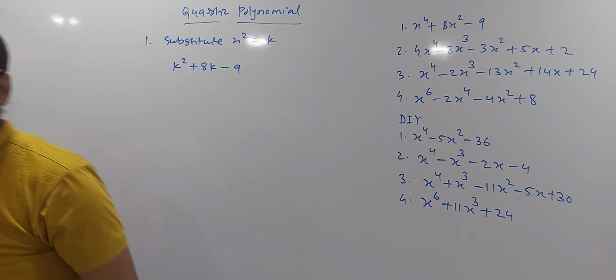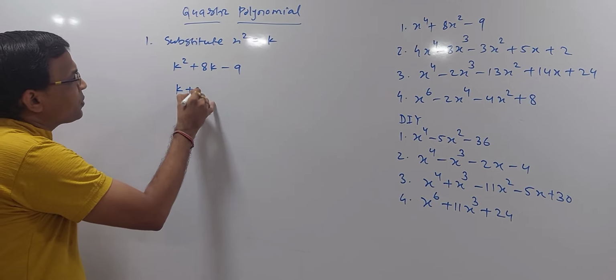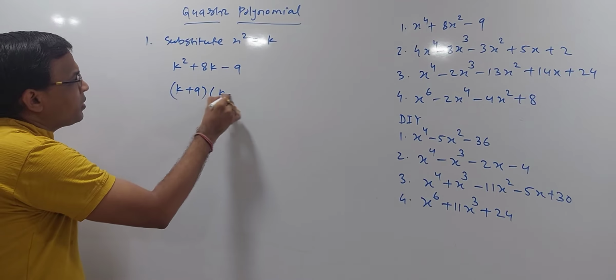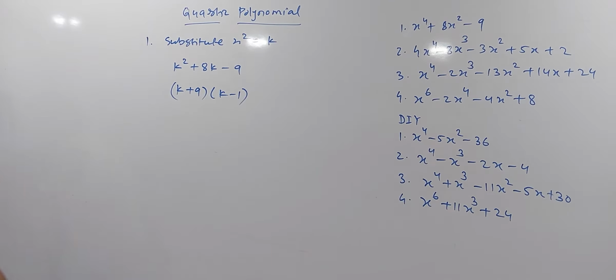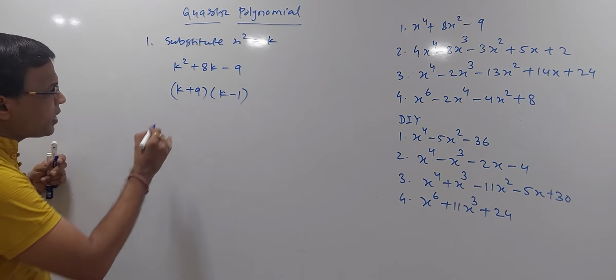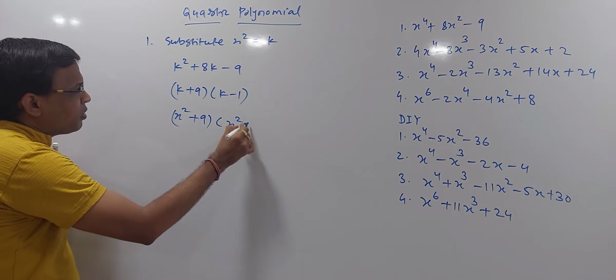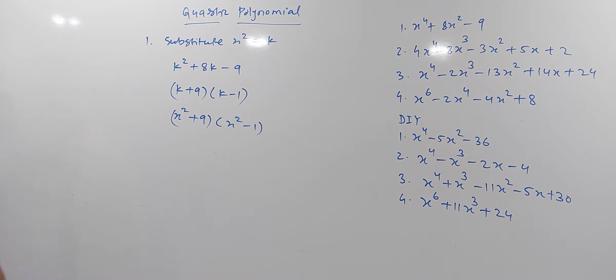We have already done the factorization of quadratic polynomials. It will give me the result k plus 9 and k minus 1. Now k is replaced back as x square, so it is x square plus 9 and x square minus 1. We can factorize it further.